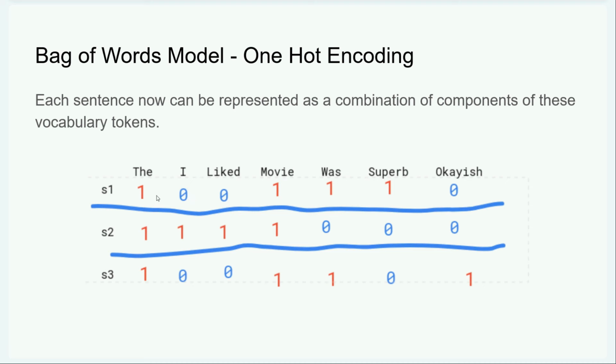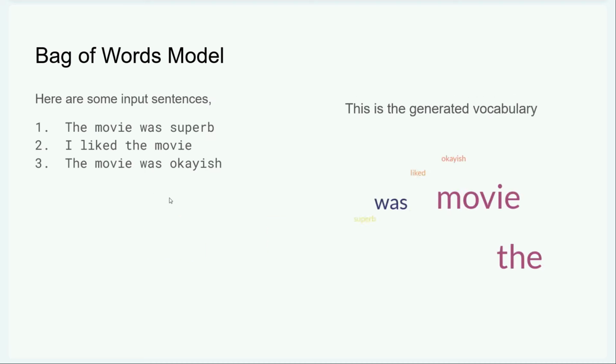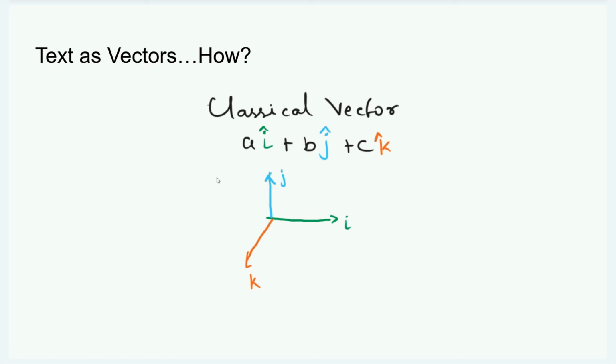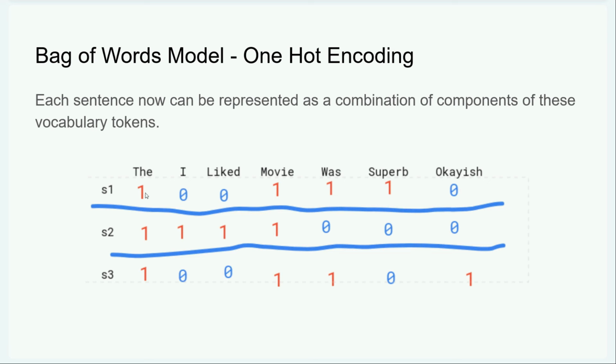If you compare this representation with this representation, you will see that wherever you had a token, the magnitude was 1. Wherever you did not have that component, the magnitude was 0. In the first sentence you had the, so magnitude is 1. You had movie, so magnitude is 1.